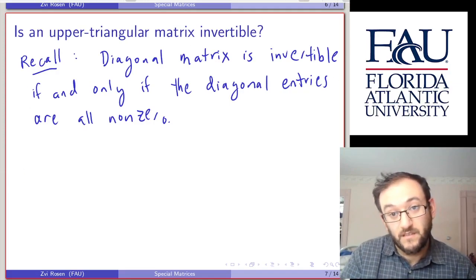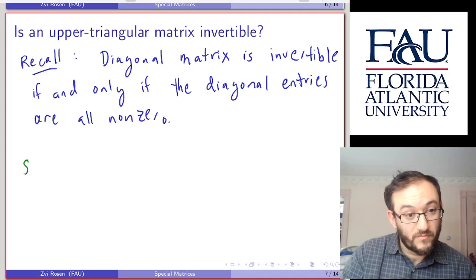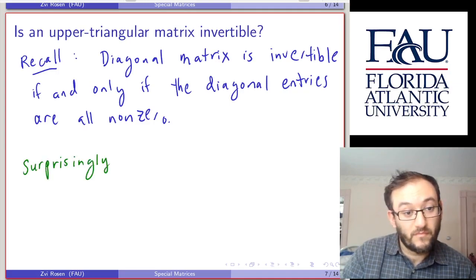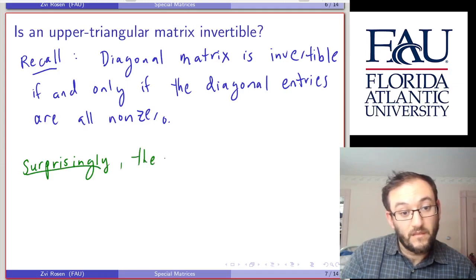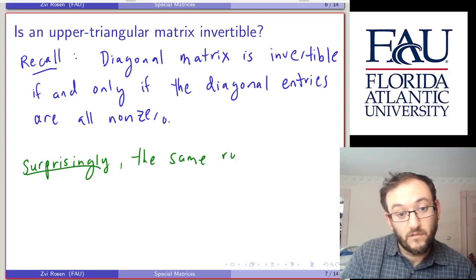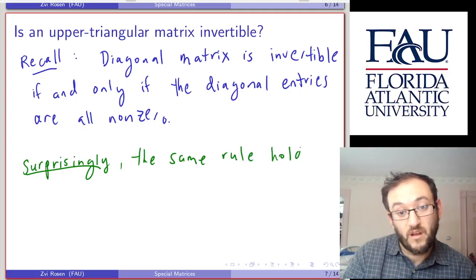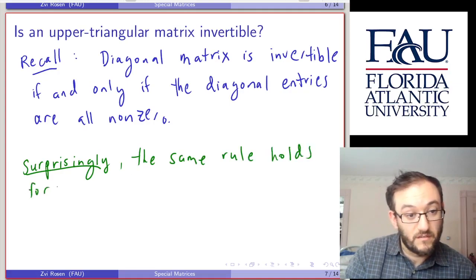The same rule holds for upper triangular matrices.